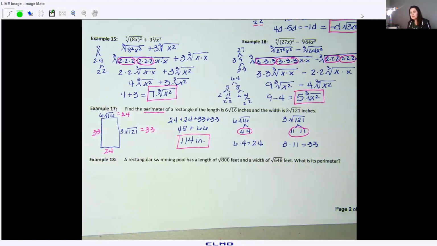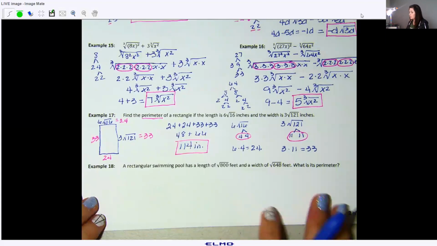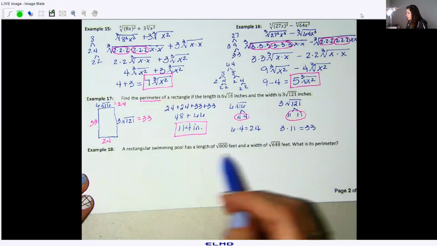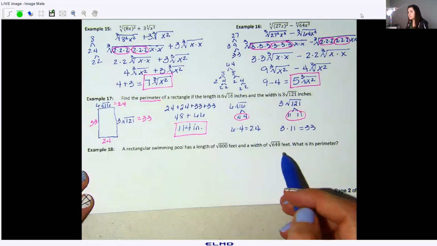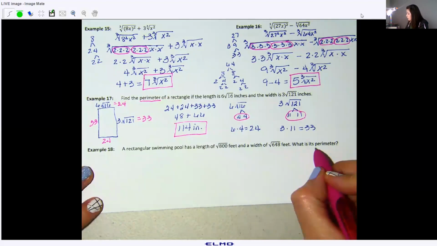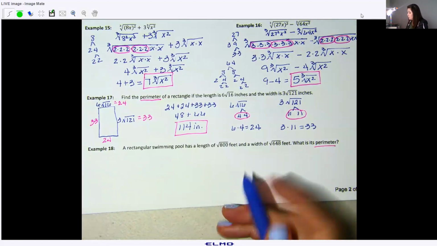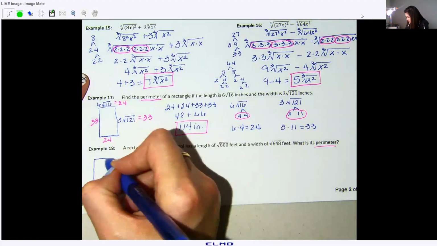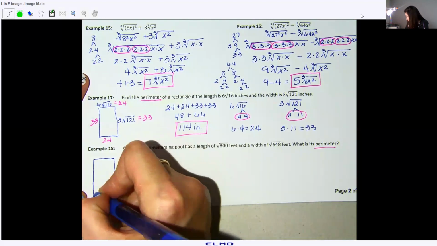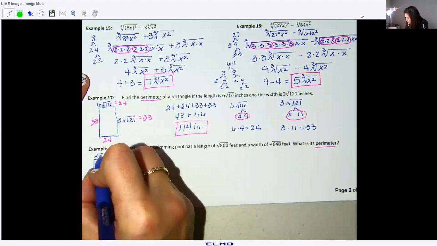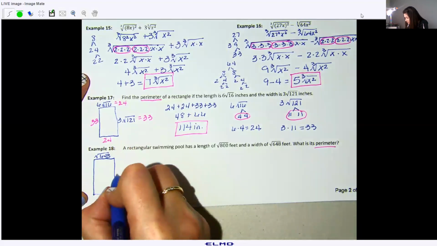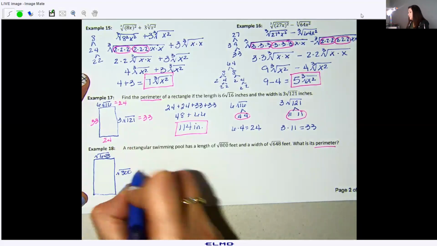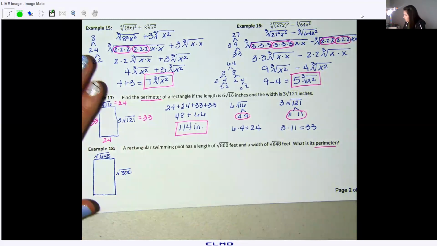Now we have some pretty large numbers here, 800 and 648. So they have a rectangular swimming pool that has the length of the square root of 800 feet and a width of square root of 648 feet. What is the perimeter? So again, we're looking for the perimeter. So I'm going to do the same thing that I did up here. Okay, and I'm going to factor those two out.